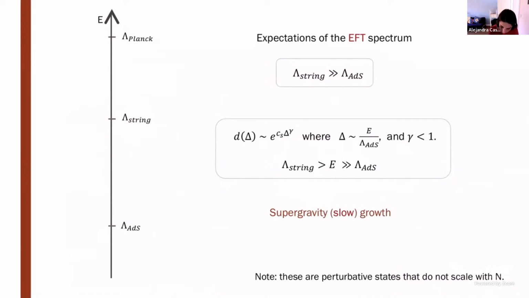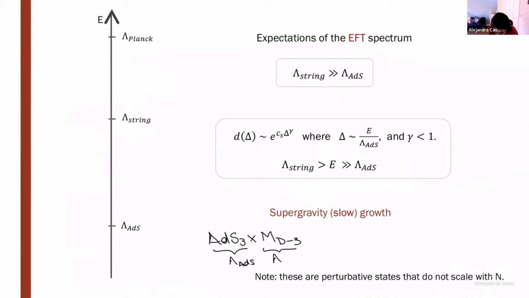It's always good to have an example. Let's say you have a QFT, so here I'm computing perturbative states in quantum field theory. Let's say my QFT is the box defined by AdS3 times a manifold of d minus 3 dimensions, and both of these are controlled by the same AdS scale.